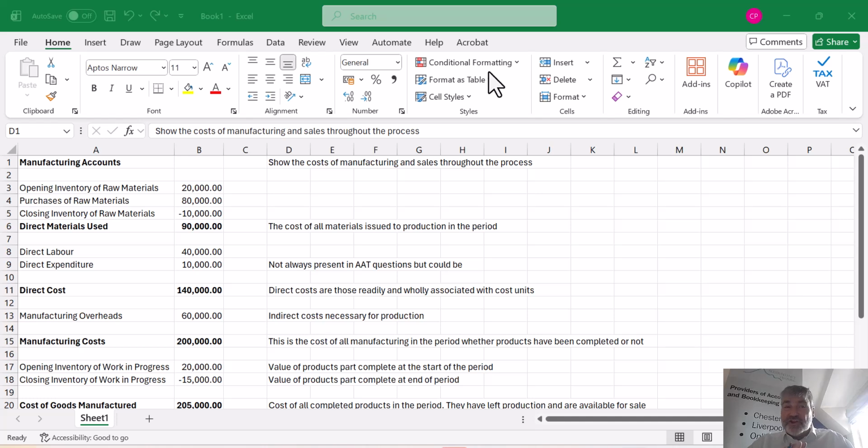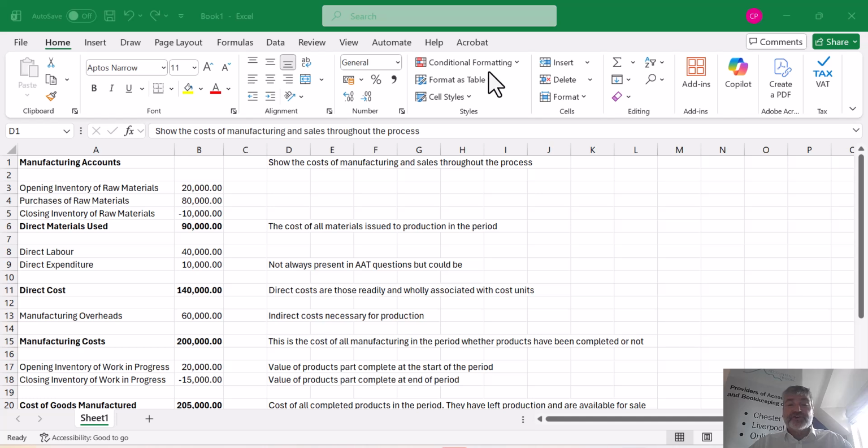But that isn't the whole cost of production or manufacturing, because we need to consider indirect costs or overheads associated with the manufacturing process. So I'm adding in a figure of £60,000 for illustrative purposes. So by absorbing in a share of those overheads, we have total manufacturing costs of £200,000.